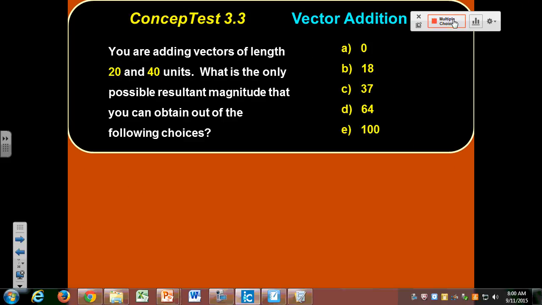You're adding vectors of length 20 and 40 units. What is the only possible resultant magnitude that you can obtain out of these choices? We did a problem very similar to this before.